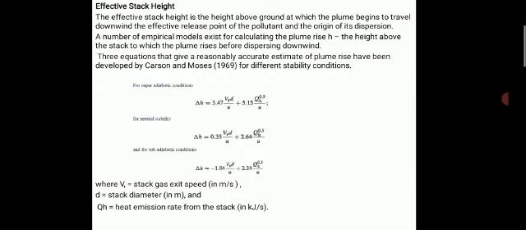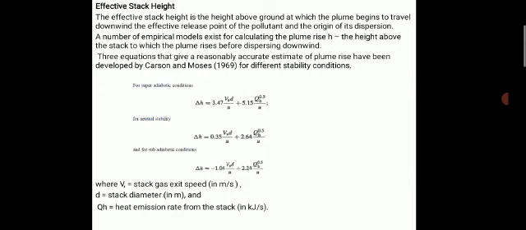For the superadiabatic condition, the formula is shown, which is delta H equals 3.4 times Vs, which is the stack gas exit speed, times d, the stack diameter, divided by u, plus 5.15 times QH, which is the heat emission rate from the stack, to the power 0.5, divided by u.